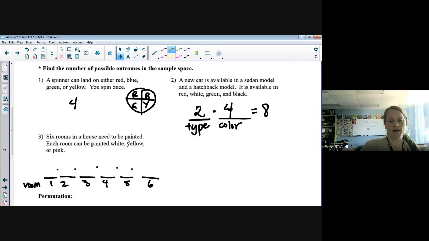Each room can be white, yellow, or pink. So how many color options do I have for my first room? 3, right? It could be white, yellow, or pink. So I got 3 options for my first room.